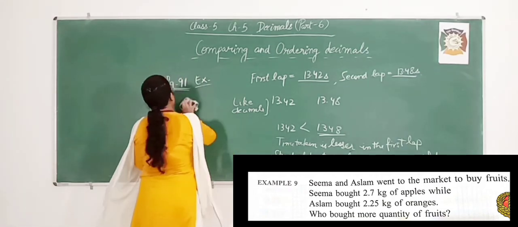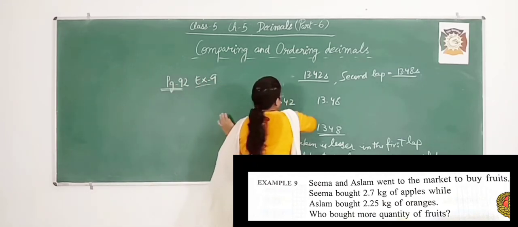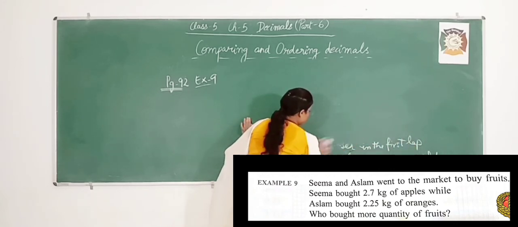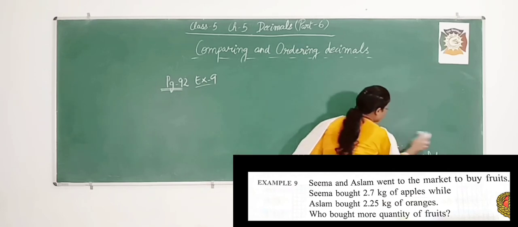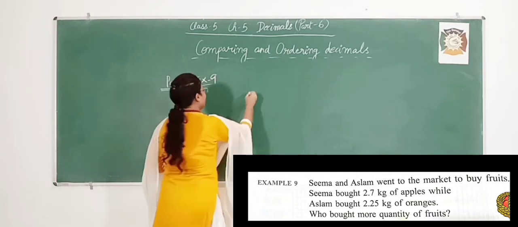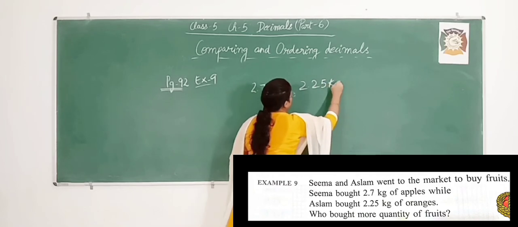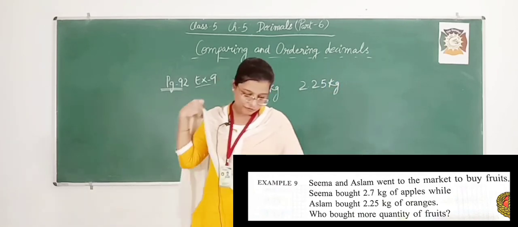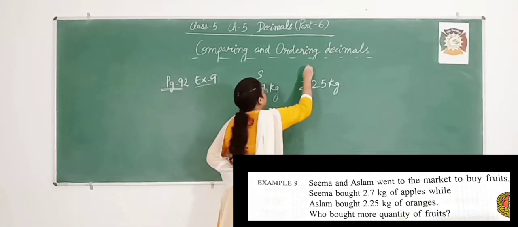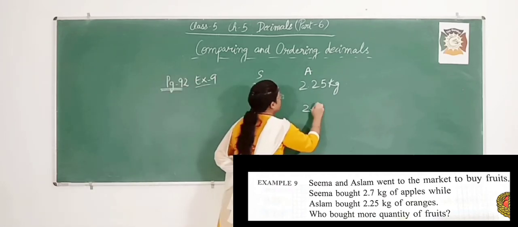This is example 9 on the next page, in which two weights of fruits are given to you, 2.7 and 2.25. You have to compare these two and tell who bought more quantity of fruits. Seema, Aslam. Right?